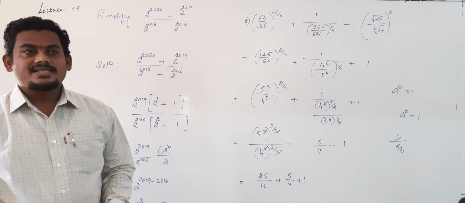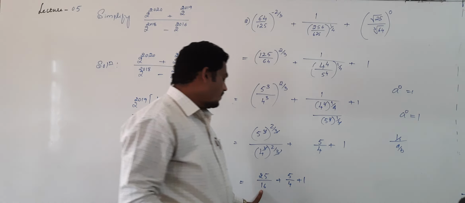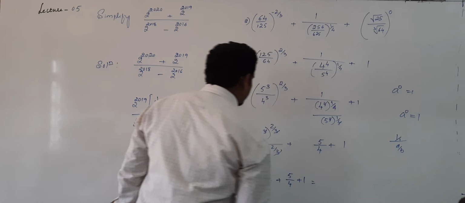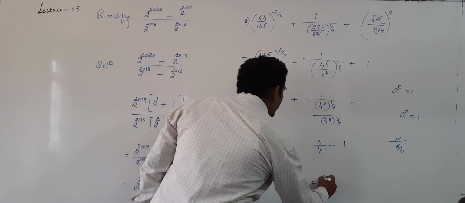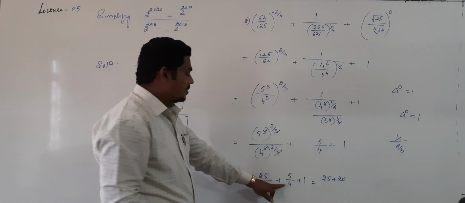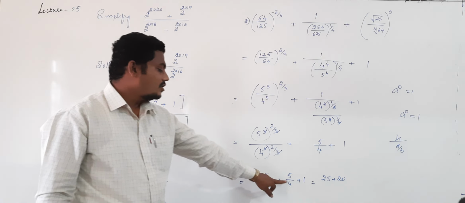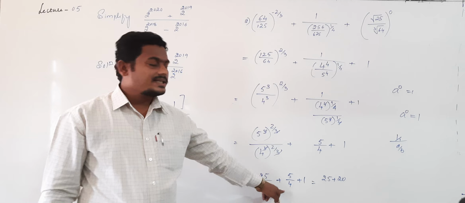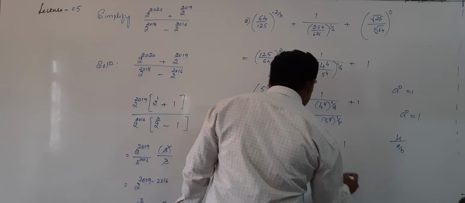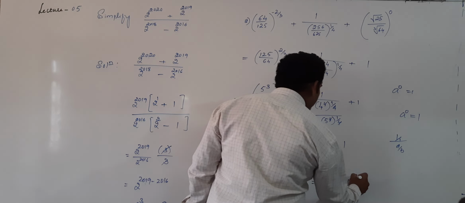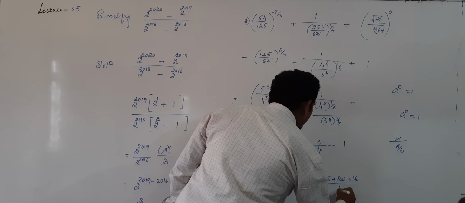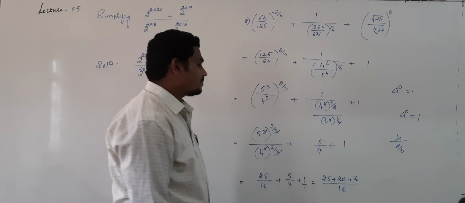Now just take the LCM. What is the LCM of 4 and 16? It will be 16. So 25 plus 20, because LCM is 16. 4 4s are 16, so 5 into 4 is 20, plus 1 whole thing divided by 16.